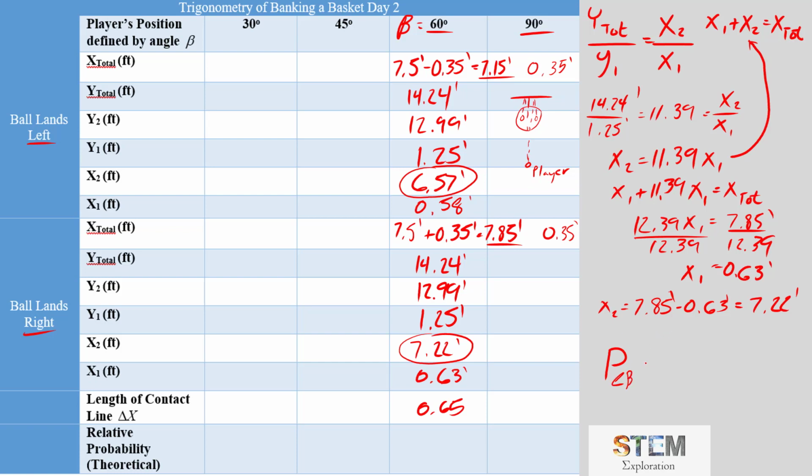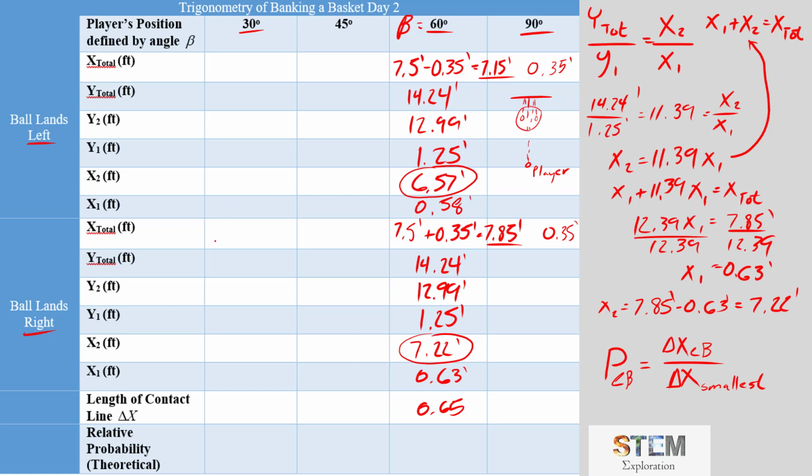And typically what you do is you take the probability or the area delta x that you're looking at based on its given angular position, and then you divide it by the delta x that is the smallest out of all your calculations. And what I will tell you for this particular project is that 30 should be your smallest value that you have here.